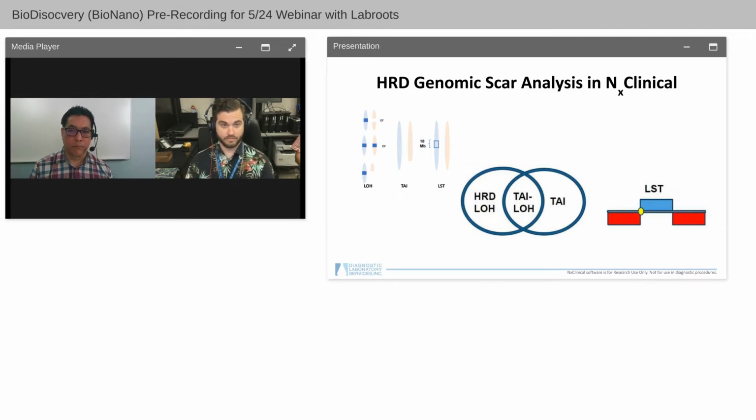With respect to BioDiscovery's NxClinical software, that X is so small, we have it in the title there, and we have this display here to show you that through some permutations, we've now maintained that you can have overlap of both telomeric allelic imbalance as well as a loss of heterozygosity present.